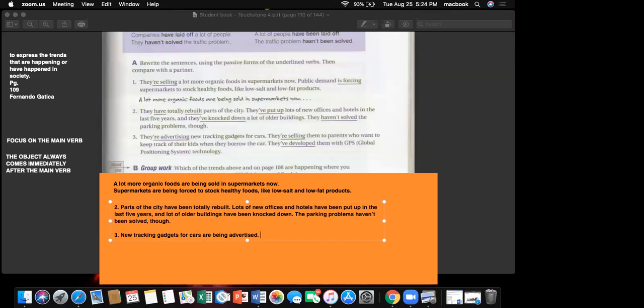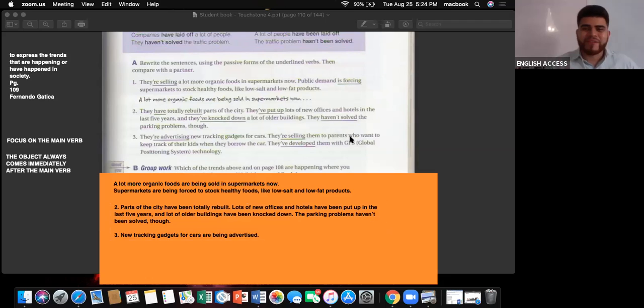Go ahead, my friend. I don't understand very well. Is parents who want to keep track of their kids afford them when car is borrowed? I don't understand really. It's okay. Don't worry. That's not correct. Let's see if somebody else has it correct.